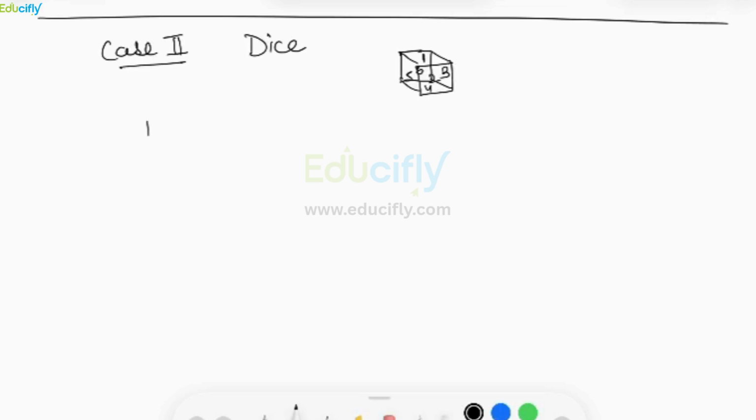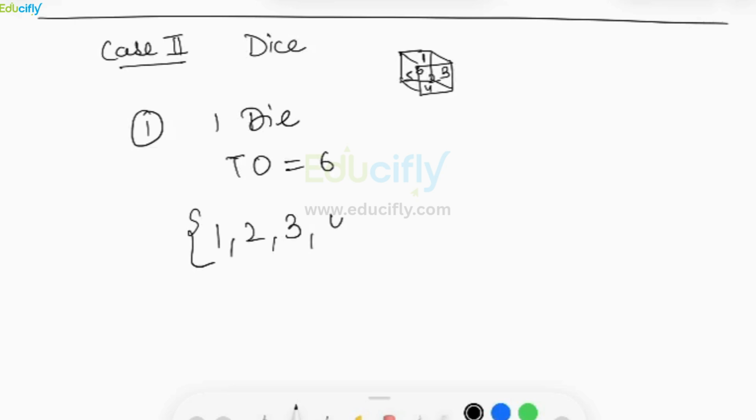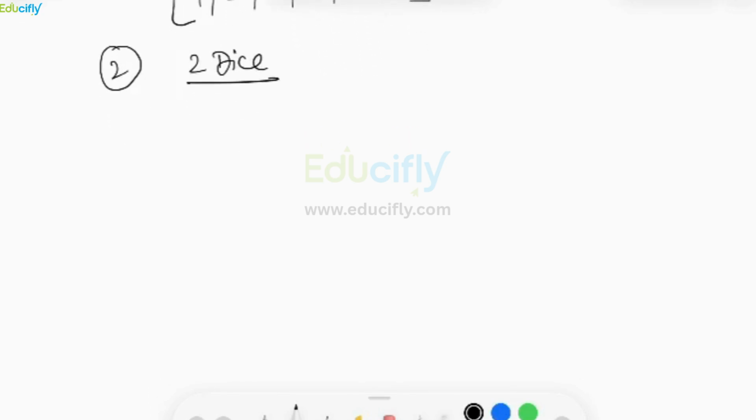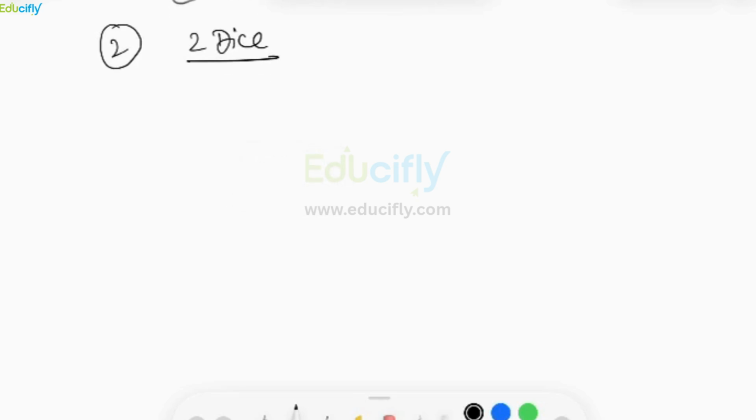So in this, if I'm throwing one die, the total outcomes will be 6 in numbers. 6 in numbers how? 1, 2, 3, 4, 5, 6. Like this. And suppose if you're throwing 2 dice, this case is a little different.